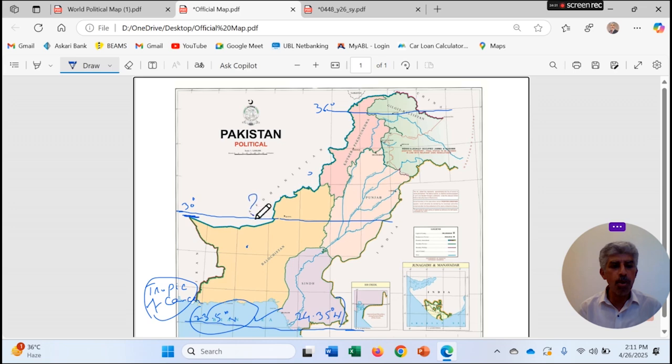So this can be asked as a question. And right at the top, this one, 36 degree north. So these are the 3 latitudes which are part of your syllabus. So this one is latitude 1, this one is latitude 2, and this one is latitude 3.